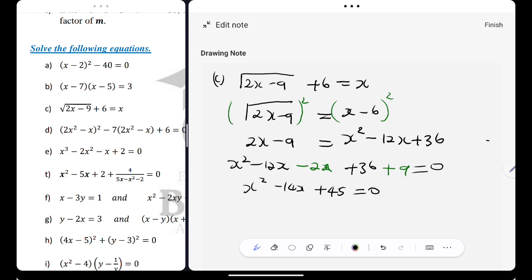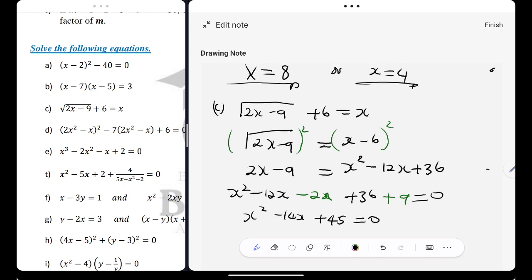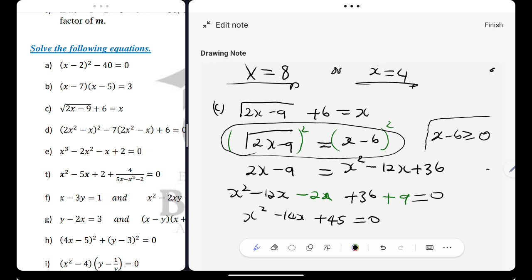Alright, together. The most important thing I forgot to do, when I got here, I was supposed to write my restriction. That x minus 6 should be greater or equal to 0. Alright, together. That means x should be greater or equal to 6, because whenever I have a square root, it should be equal to a number which is greater or equal to 0.